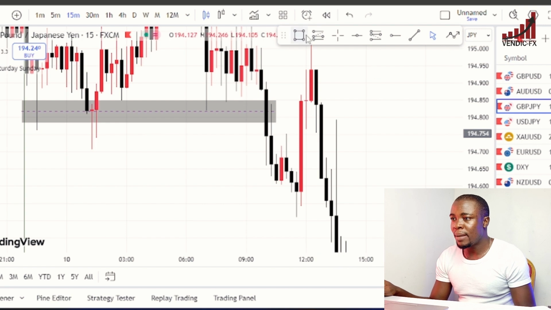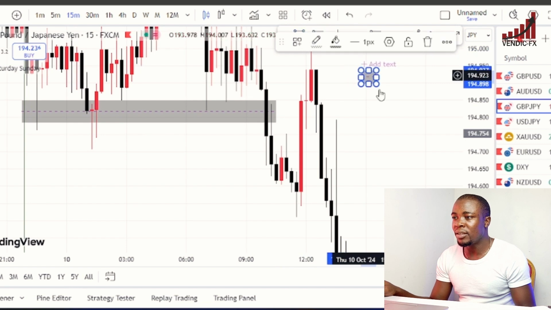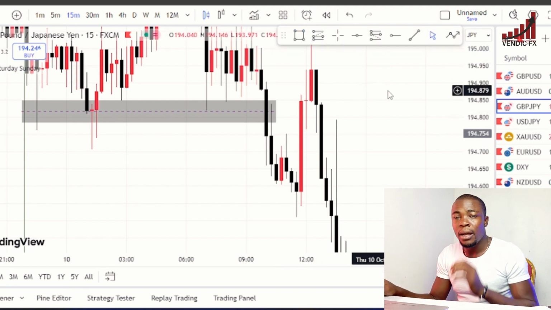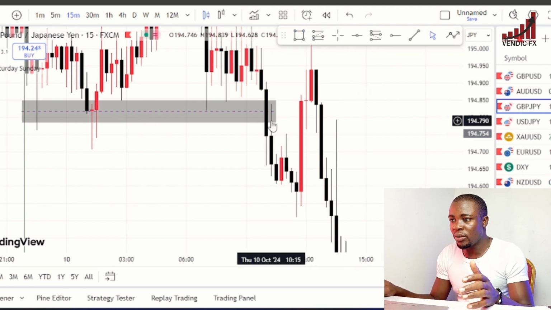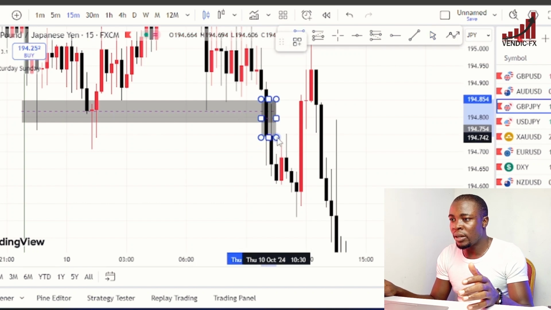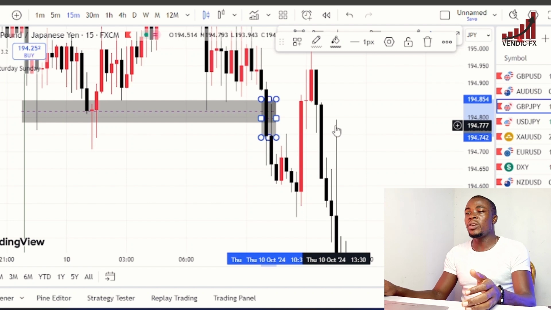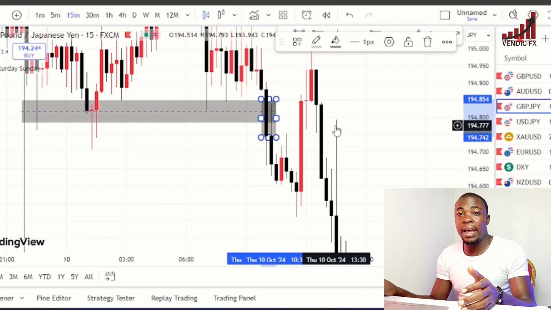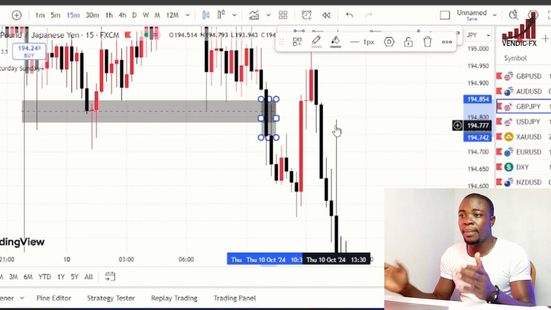So let's mark up that place. Any time frame you are trading, when you get this pattern, you just need to mark up that particular zone. Let me mark it up so that as we go in, we will understand. So what you need to do when you get your entry signal is step down. If you're on 4 hours, you step down to like 30 minutes. If you're on 30 minutes, you step down to like 5 minutes.